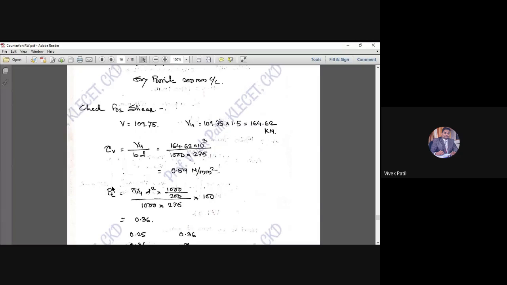For M20 concrete, for percentage of steel 0.25, tau C is 0.36, and for 0.5 it is 0.48. Just check whether the values are correct. Is it correct?